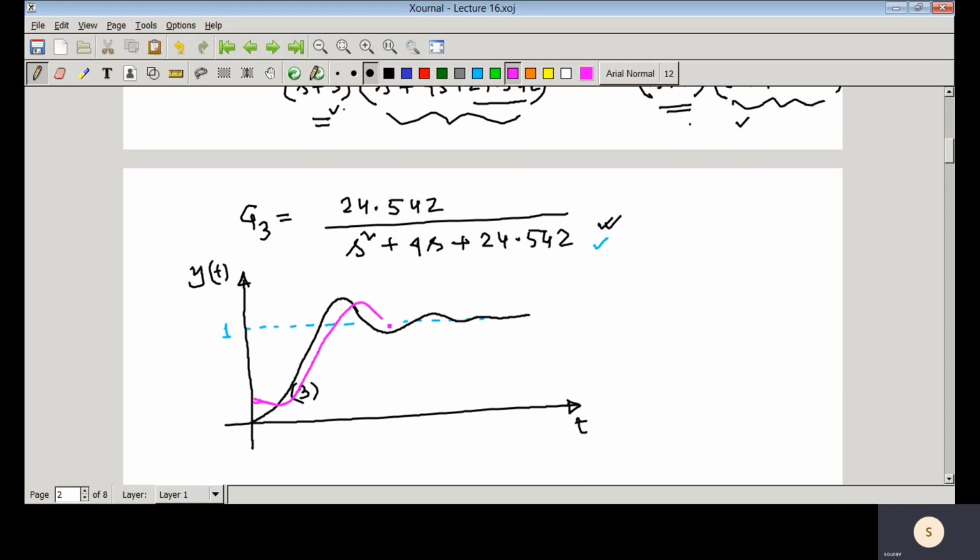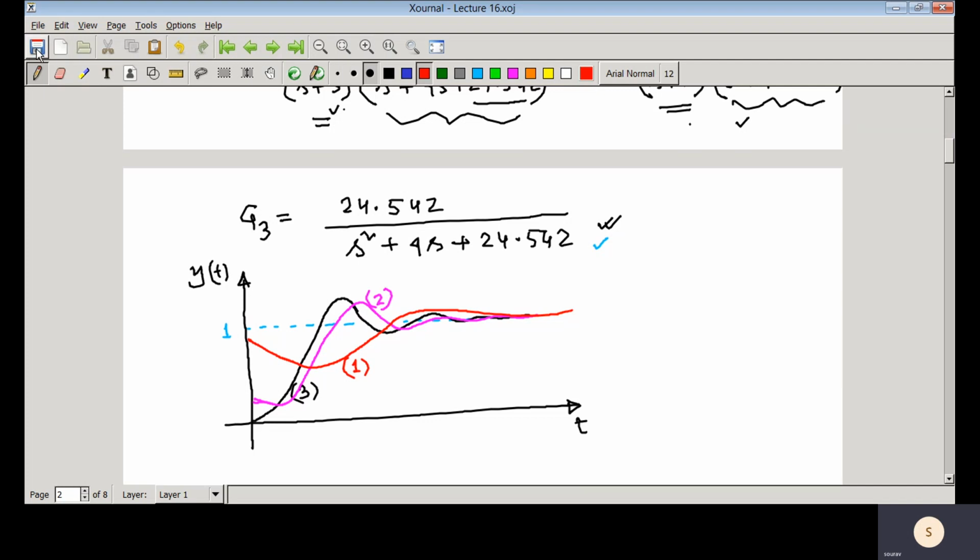It is very close to 3. So this one is 2, and this one is 1.